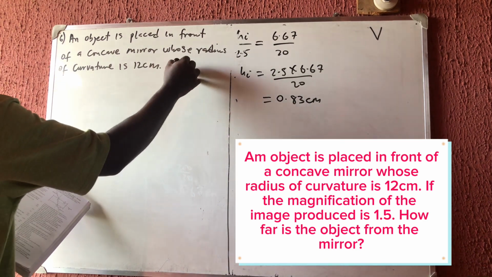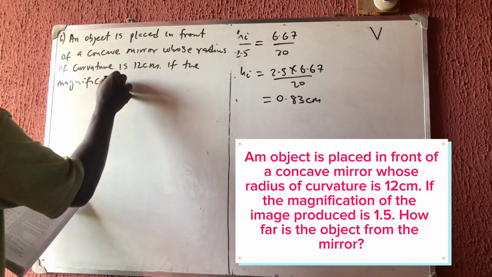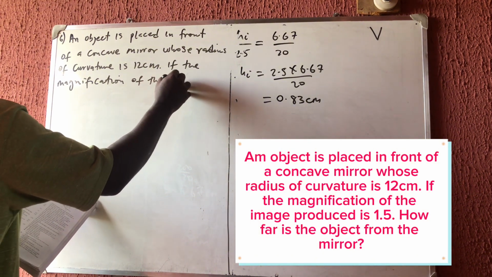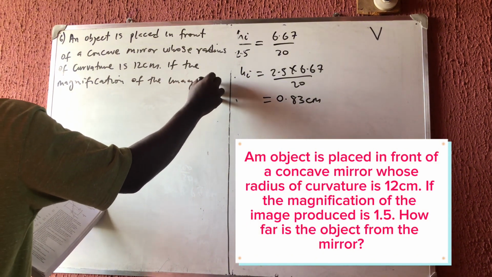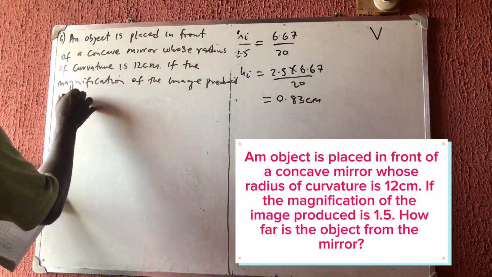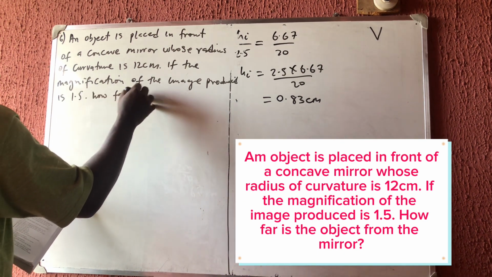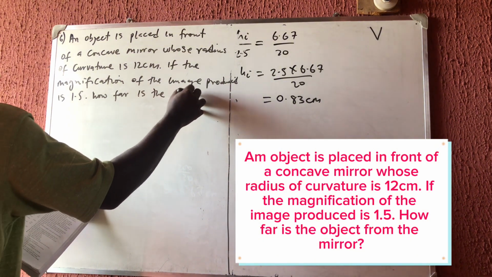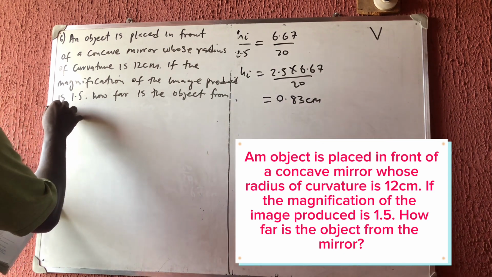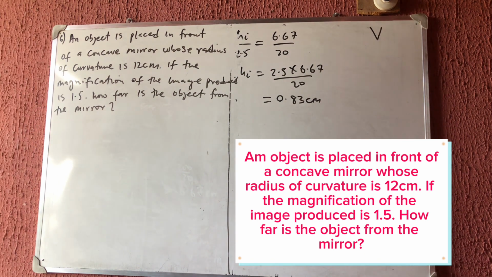If the magnification of the image produced is 1.5, how far is the object from the mirror?